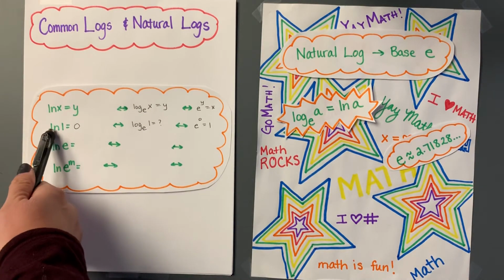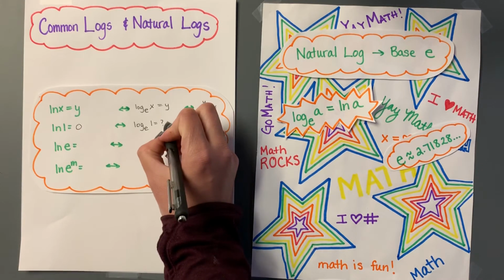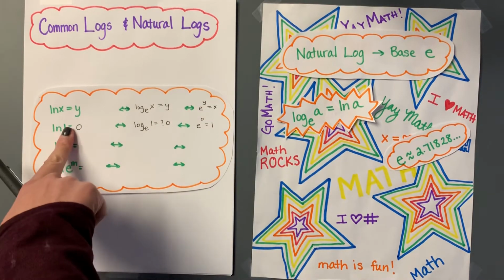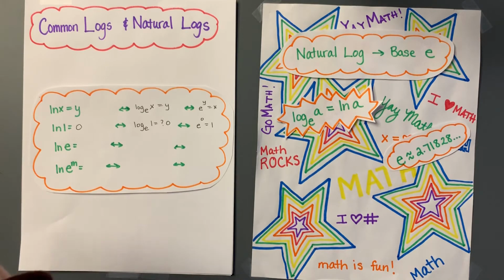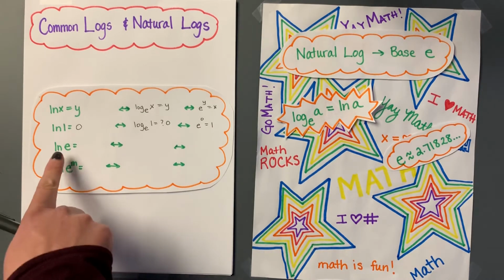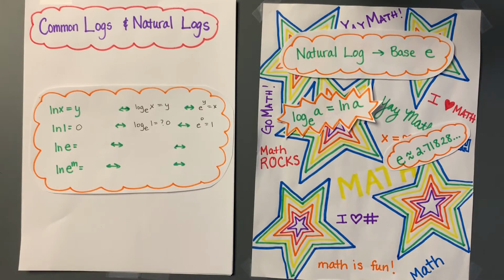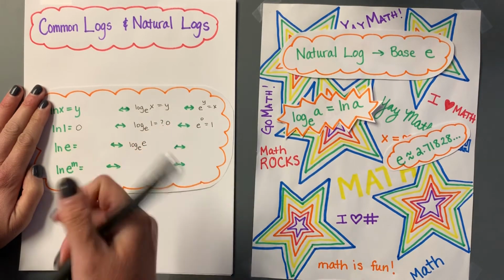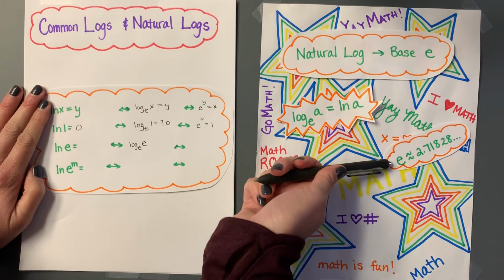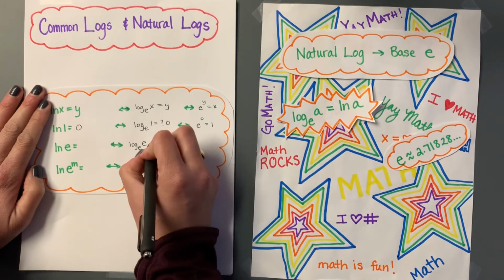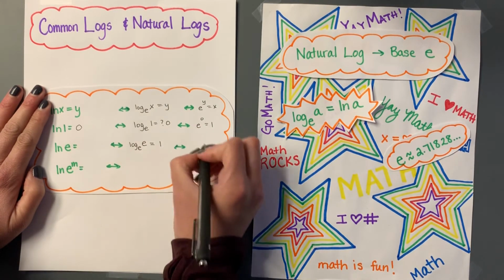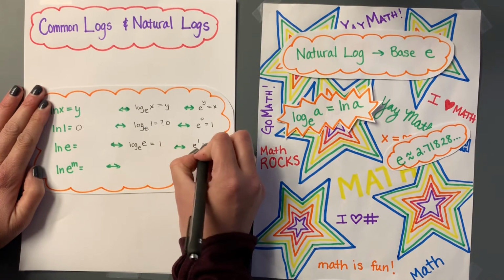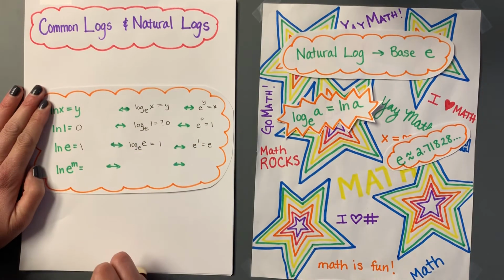Remember, this is just like log base e. So log base e of 1 is 0. Log base anything of 1 is 0. Then ln e is log base e of e. And remember, e is just a number. It's 2.71828. So log base e of e should be equal to 1. e to the 1 is equal to e.